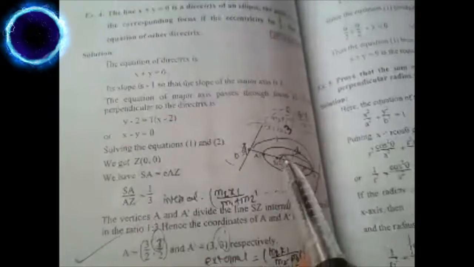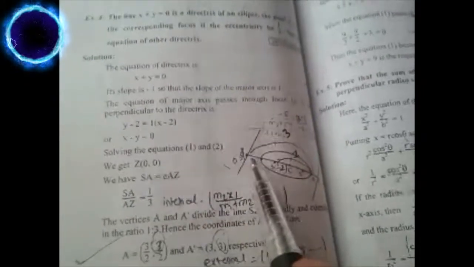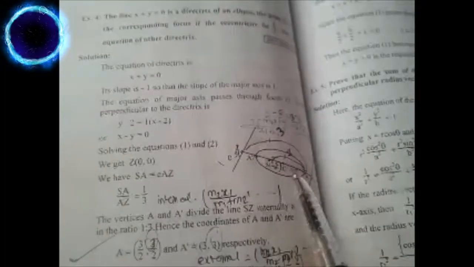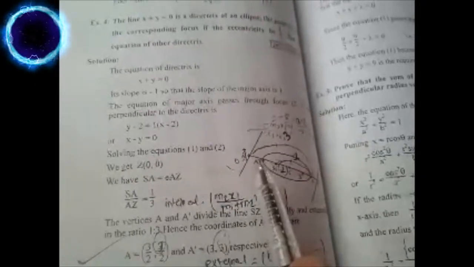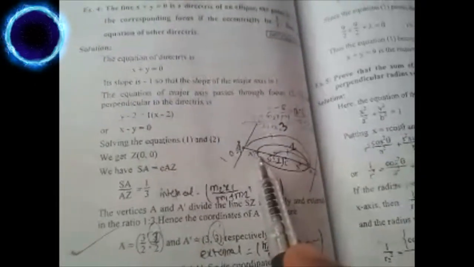When we find this equation of the major axis, by definition of ellipse, this is the locus.